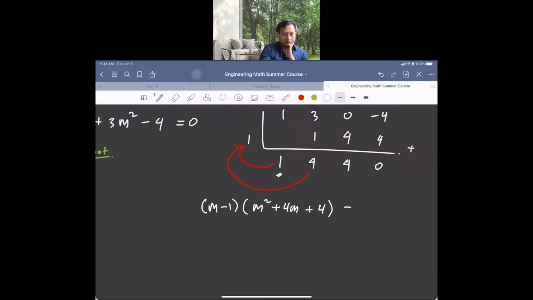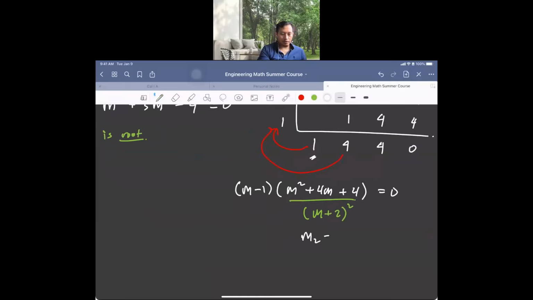And then we could see clearly from the quadratic here, we can factor m plus 2 squared, right? So we have 3 m's, m equal 1 and m equal negative 2. So m2 is equal, m3 is equal negative 2, m1 is equal 1. So we already have all m's.